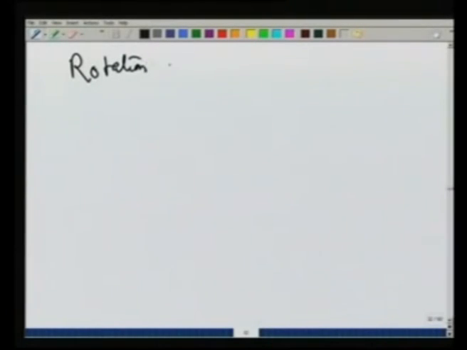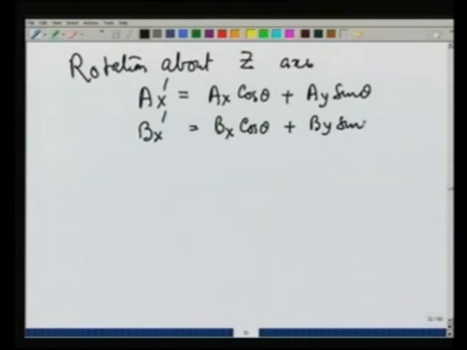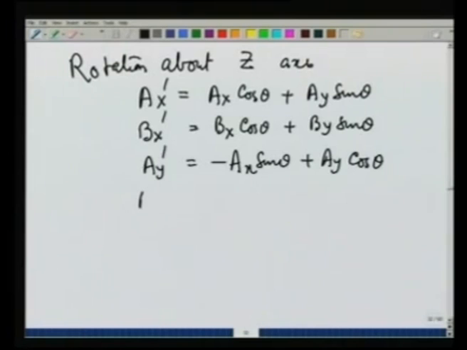So, let us look at the rotation about the z axis, so that in that case A x prime would be equal to A x cosine theta plus A y sine theta, B x prime would be similarly B x cosine theta plus B y sine theta, A y prime would be minus A x sine theta plus A y cosine theta, B y prime would be equal to minus B x sine theta plus B y cosine theta.